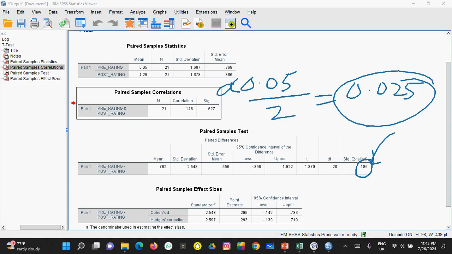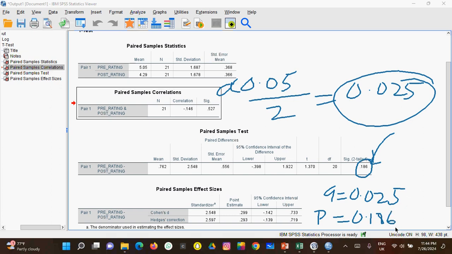Remember, if p-value is less than alpha, we reject the null hypothesis. And when p-value is greater than alpha, we fail to reject the null hypothesis. Right, so alpha is equal to 0.025, and p-value is equal to 0.186.